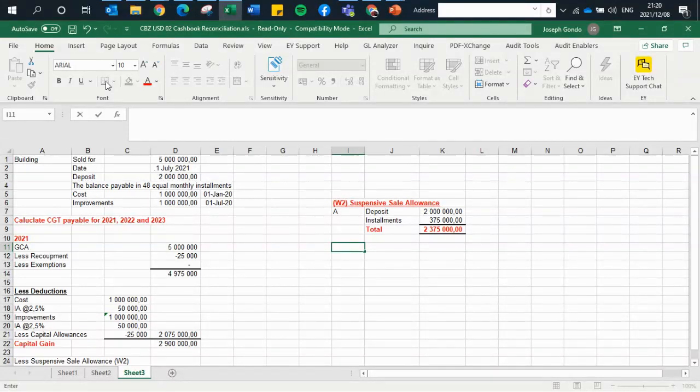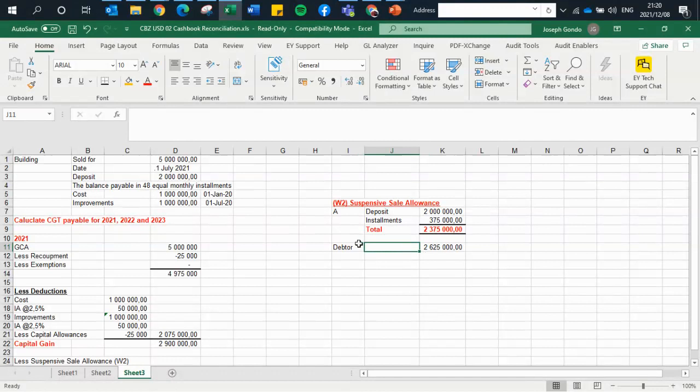So our balance will be equal to the 5 million, which is the total amount due, minus this one that was paid. So that means at the end of 2021, this is the amount that we have.